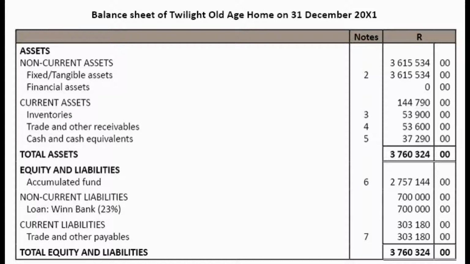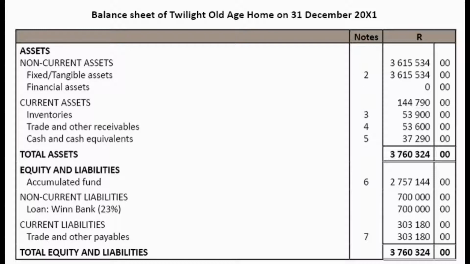Then we get to the current assets, inventories. That was the closing stock for the Tuckshop, 53,900. Trade and other receivables, we've already calculated that, or I've already given that to you in the notes. 53,600. Cash and cash equivalents was also in note number 5, 37,290.